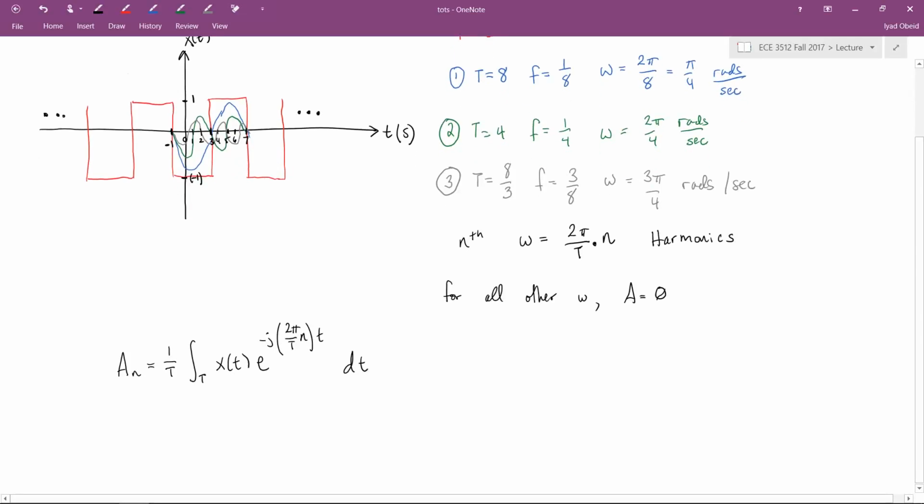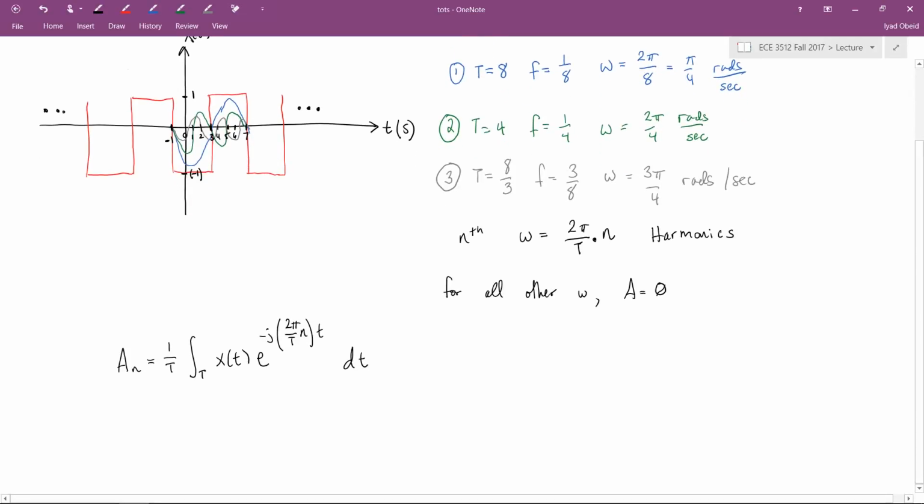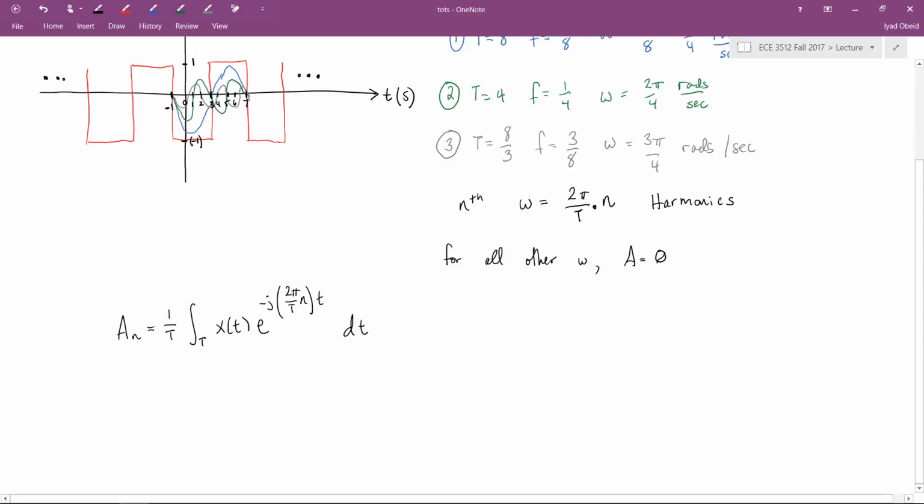Again, this is a bit of a rehash of what we did last Friday, but it's good to have a rehash. That's sort of how we learn things. So when we solved this integral last Friday, we found the following. We did the math. I'm not going to redo the math, but I will rewrite the answer. 1 over j 2 pi n, times the quantity, 2e to the minus j 3 pi n over 4 minus e to the minus j pi n over 4.